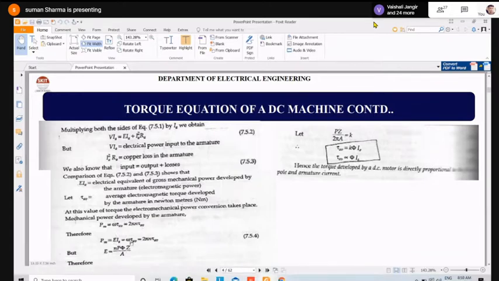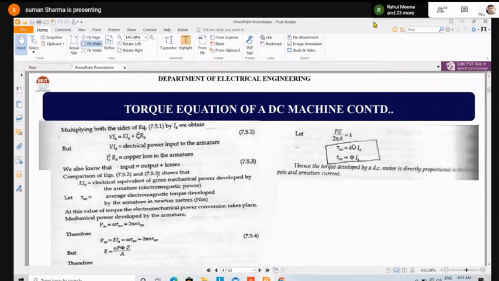So we are equating these two, and E is phi P Z by A. Substituting this value of E here, we observe that the number of poles is constant, the number of armature conductors for a particular design is constant, A, the number of parallel paths, is constant, and 2 pi is constant. So this can be completely replaced by another constant, the torque constant K. So average torque is equal to K into phi into IA.